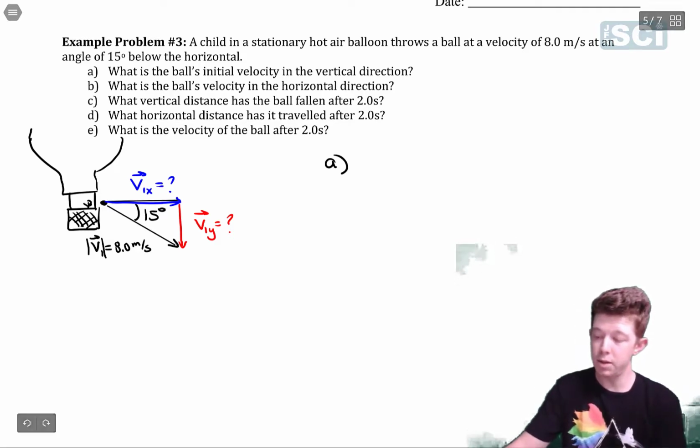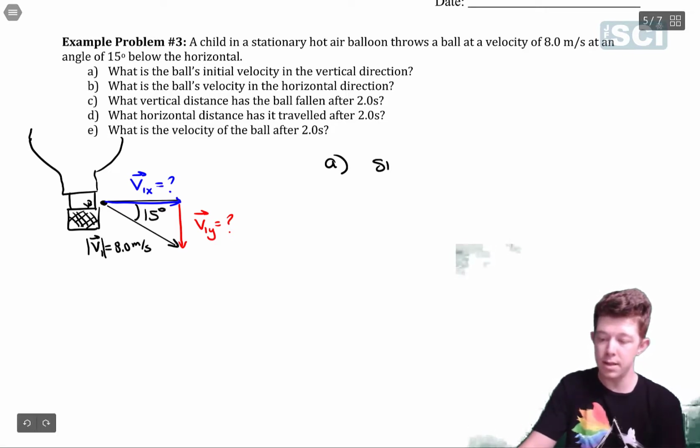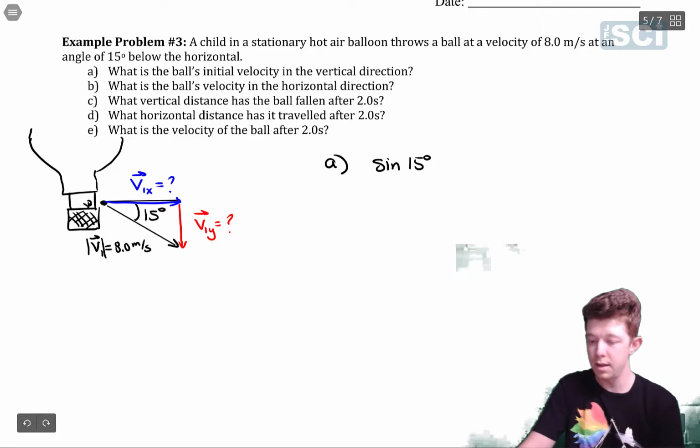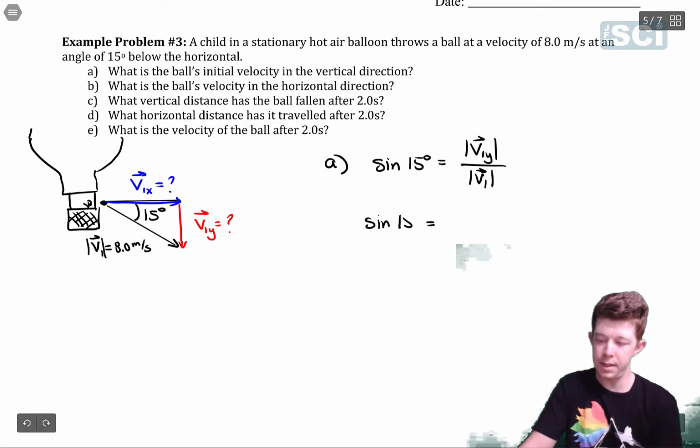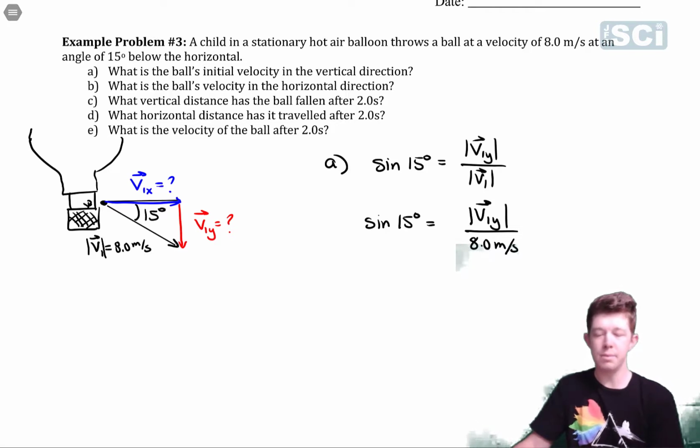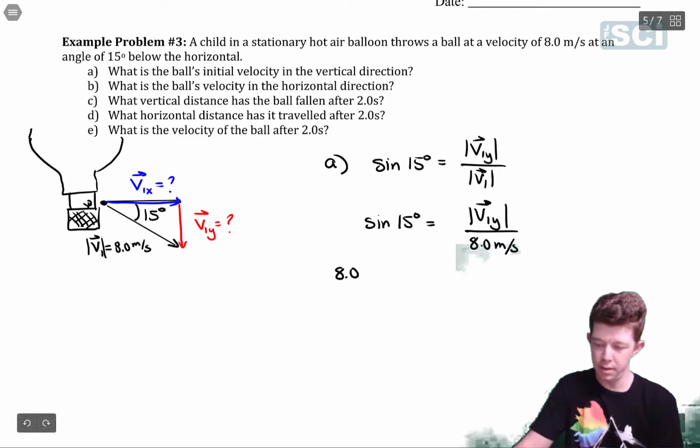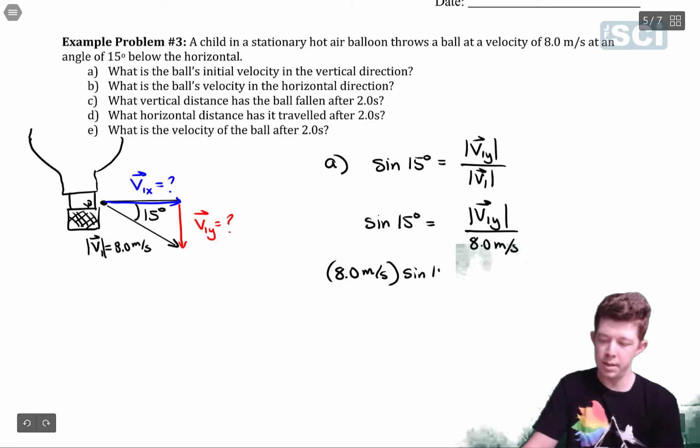So the triangle I've set up here, if I were to use the sine of 15 degrees, I would get the magnitude of v1y divided by the magnitude of v1. So sine 15 degrees is going to be the magnitude of v1y divided by 8.0 meters per second. If I multiply both sides by 8.0 meters per second, I can find out what the y component of my velocity is.